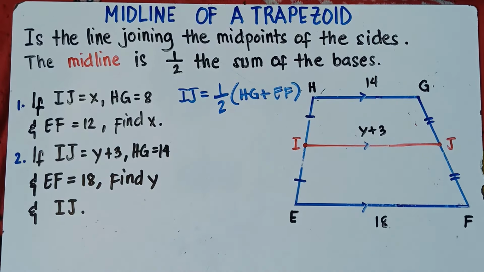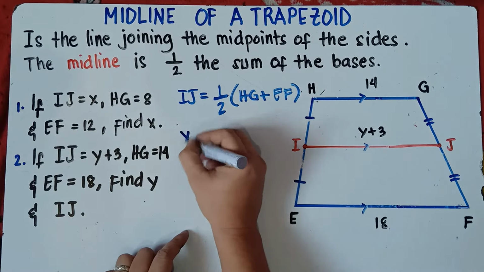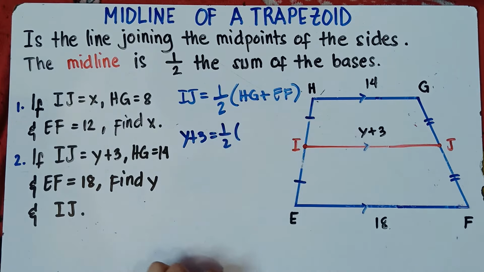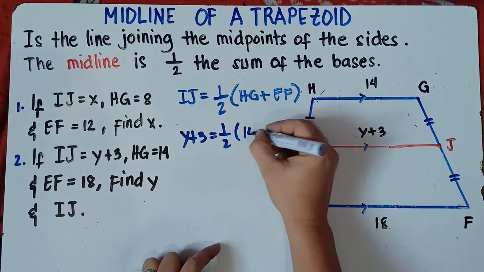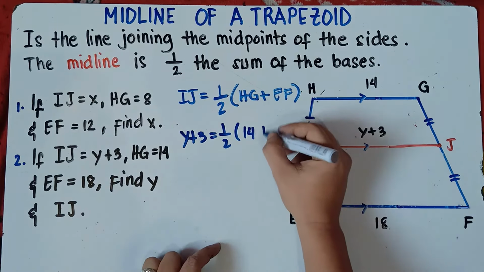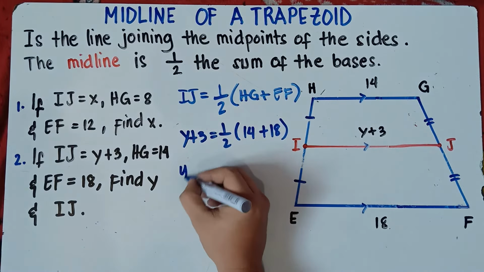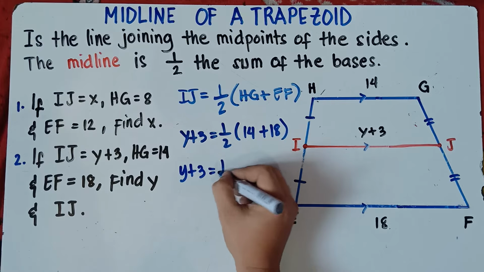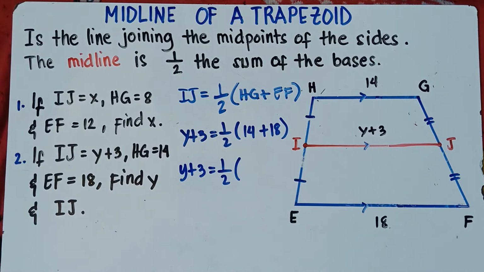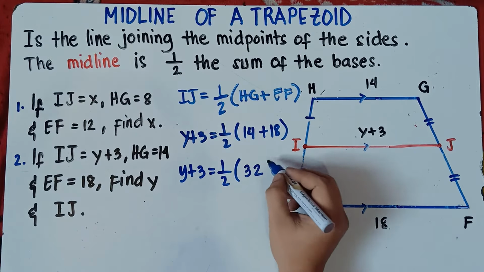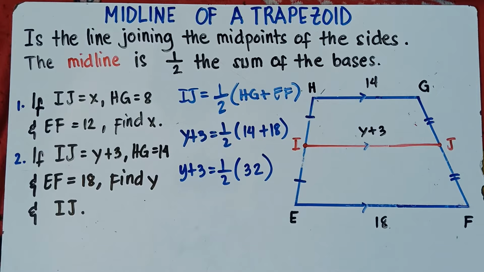So IJ is Y plus 3 equals 1/2, then HG, that is 14, plus EF, that is 18. So Y plus 3 equals 1/2. What will be the sum, class? 14 plus 18. What's the answer, class? That's correct, that should be 32.